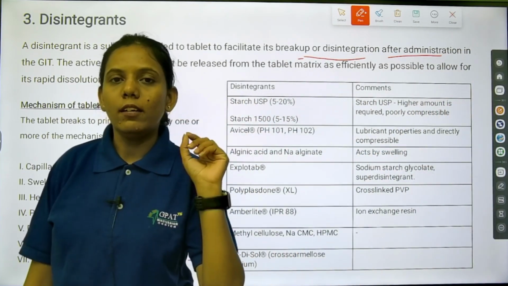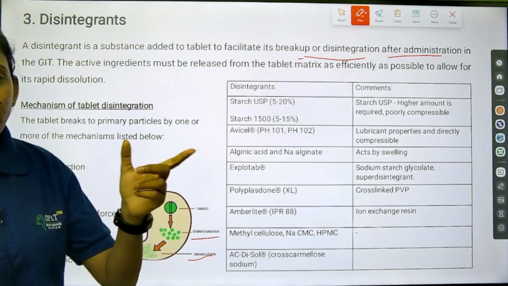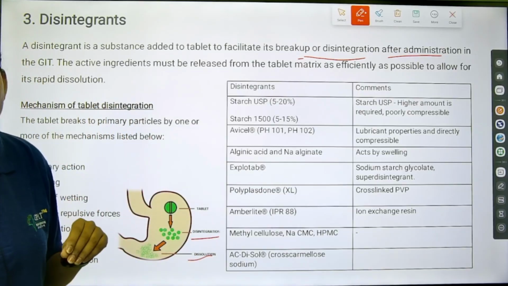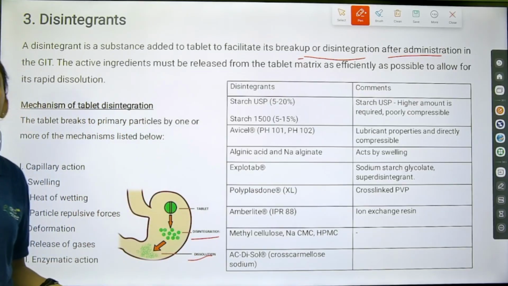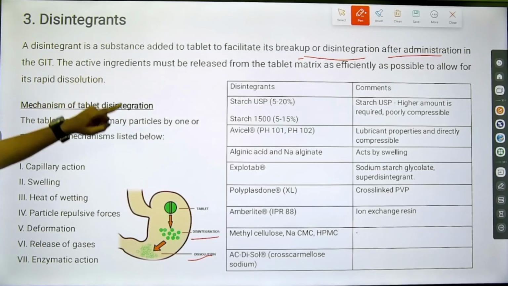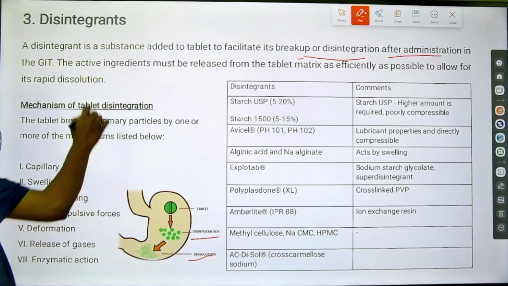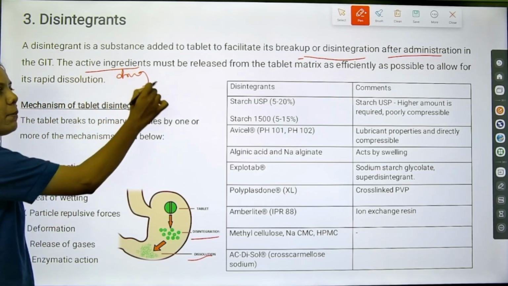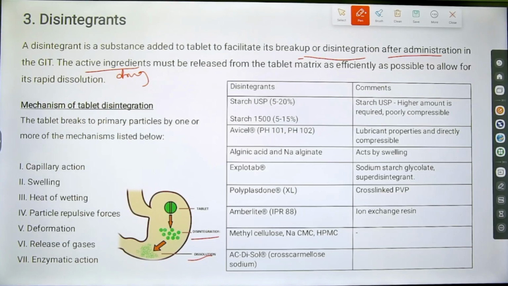That is the reason, depending upon acidic condition or intestinal condition, we use various media for disintegration. The active ingredient, that is nothing but the drug, must be released from the tablet matrix as efficiently as possible to allow rapid dissolution.